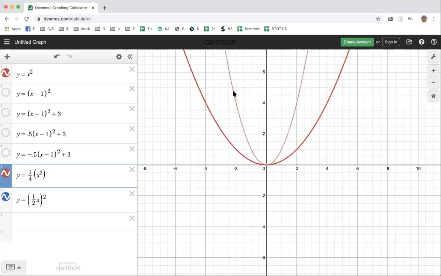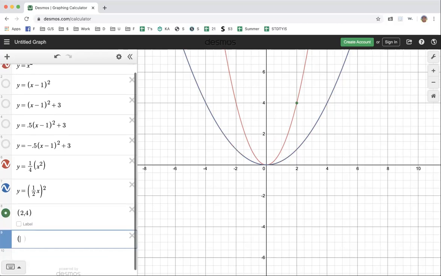The way you look at this one is, where there used to be, let's say, a point at 2, 4, now there's a point that's a quarter that high. So there's a point at 2, 1. You can see everything's moving down, right?